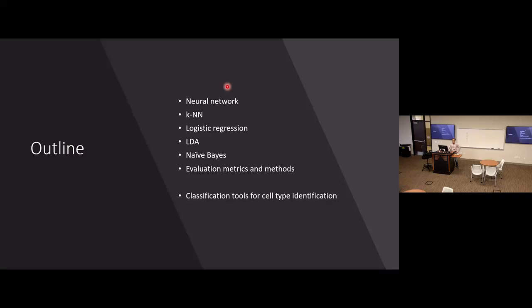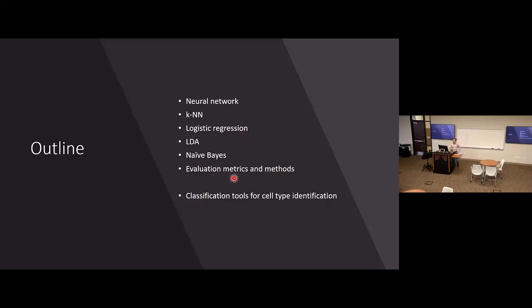In the middle of this general discussion of those methods and classification applications, I will mention one recently published paper using a neural network to do single cell type classification.